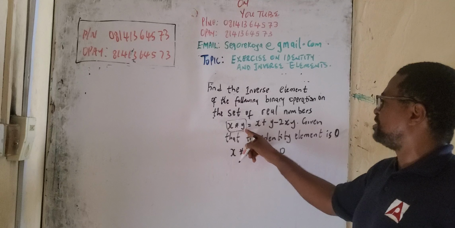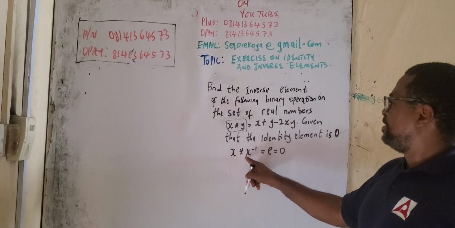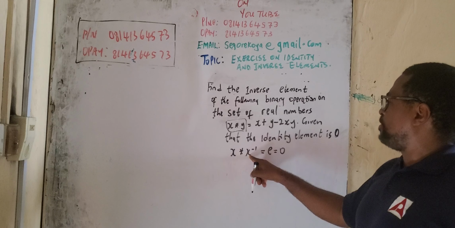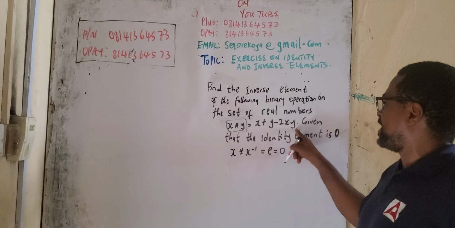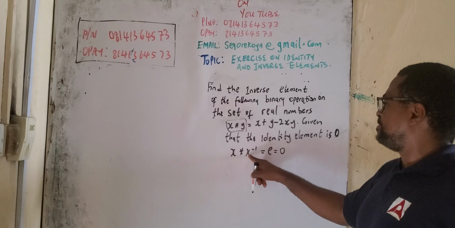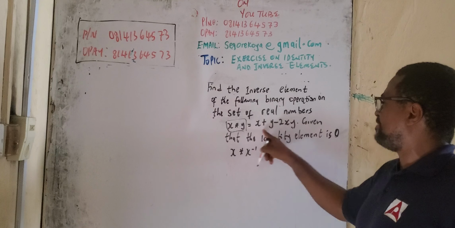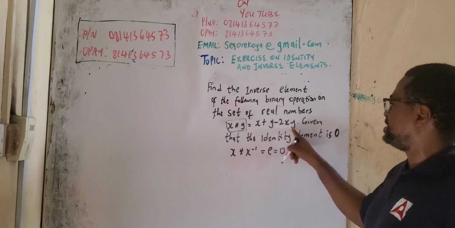Anytime we have this operation, we should combine the two elements in this format. In this case, we are looking for the inverse element, so y has been replaced with the inverse element. According to the rule given here, anywhere you see y, you put x inverse, so that we can have this operation stated. So this particular operation is now represented in this format.